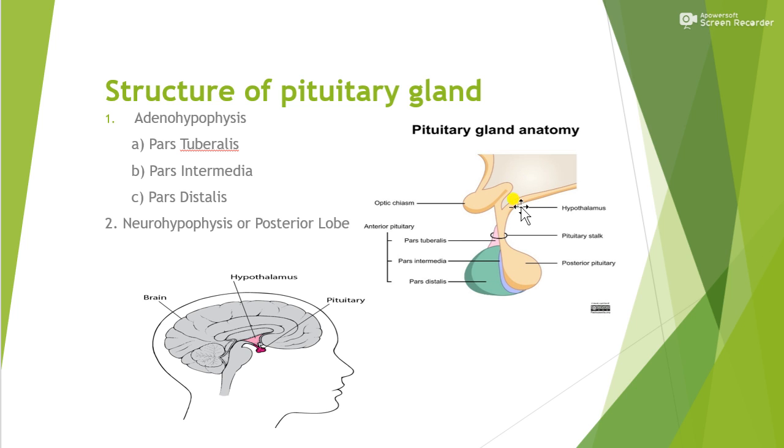Look at this, the hypothalamus controls the pituitary gland. The pituitary gland is found at the base of the brain, specifically the diencephalon, and is lodged in a depression of the sphenoid bone of the skull called the sella turcica, just behind the optic chiasma.